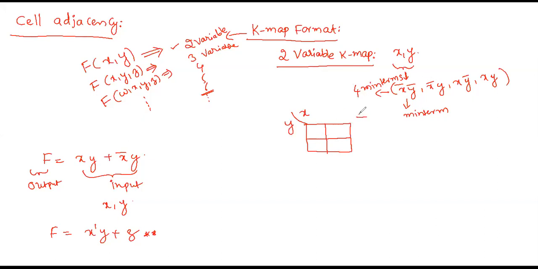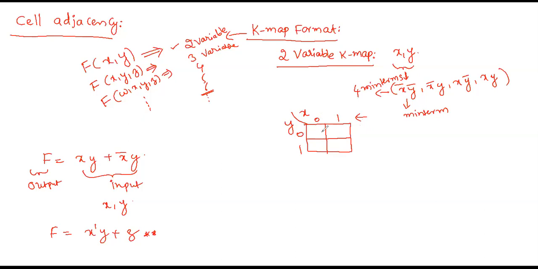And here we will write the corresponding binary values of x and y. X may take 0, x may take 1. Here also y may take 0, y may take 1.